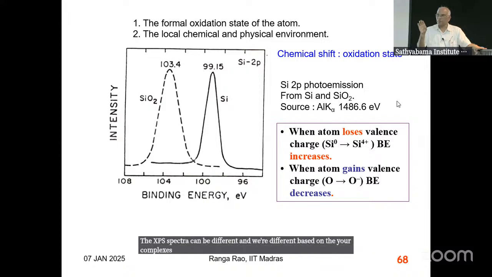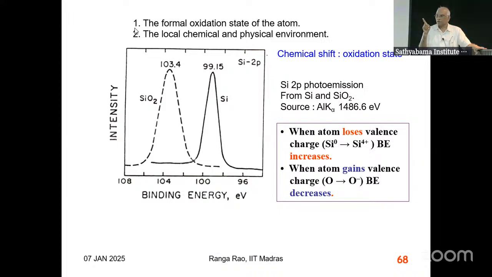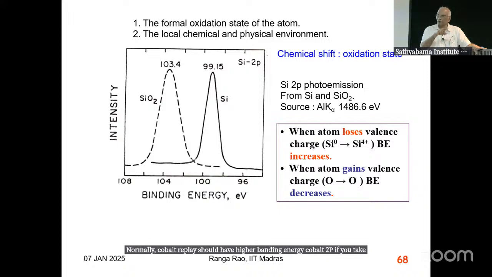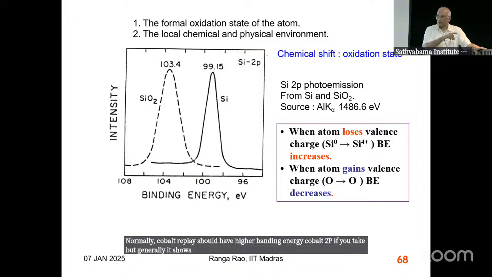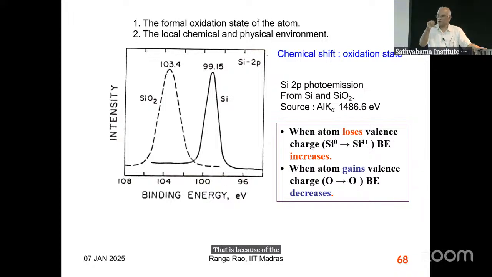For example, if you have high spin, low spin complexes, particularly cobalt, if I remember, cobalt 3 plus, 2 plus. Normally cobalt 3 plus should have higher binding energy, if you take cobalt 2p, but generally it shows cobalt 3 plus has a lower binding energy. That is because of the electronic structure of the cobalt complex.